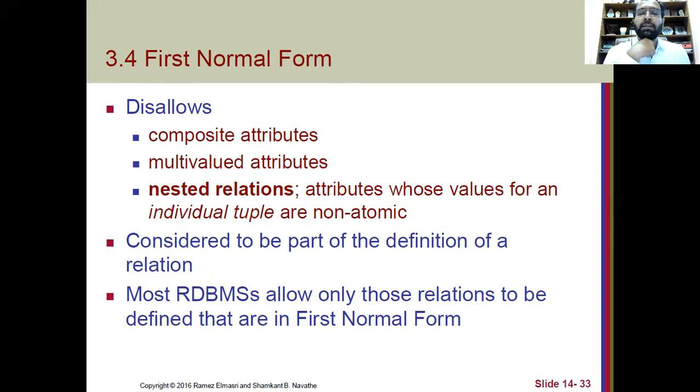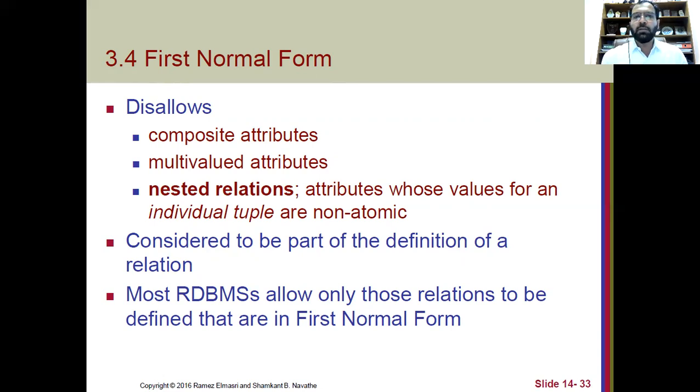If it is in first normal form, it must disallow composite attributes. Here we will not talk about composite attributes or composite keys. We talk about multi-valued attributes, which are also disallowed in first normal form.